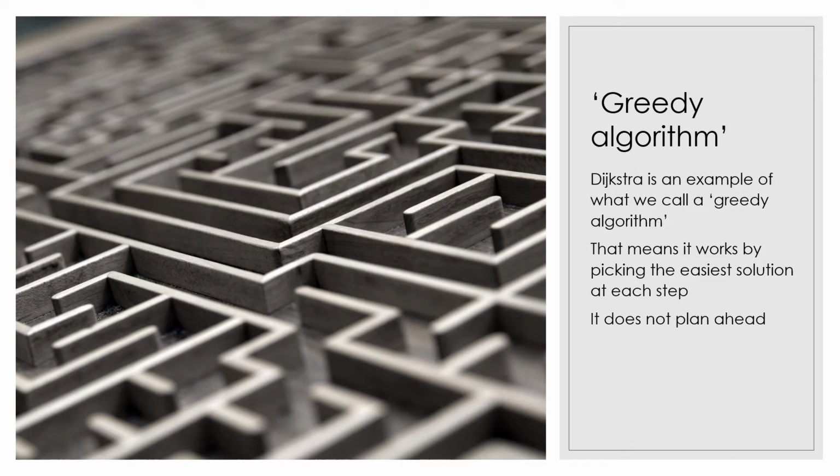So we're going to do this on paper now, and hopefully that will help you to understand what's happening. Each time we'll be picking the shortest distance. We won't be looking ahead and thinking, oh, this will take me in the right direction, or this won't take me in the right direction. We just pick the shortest route every time.